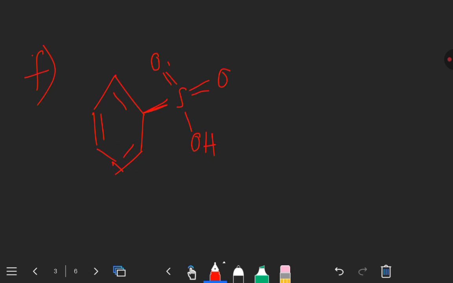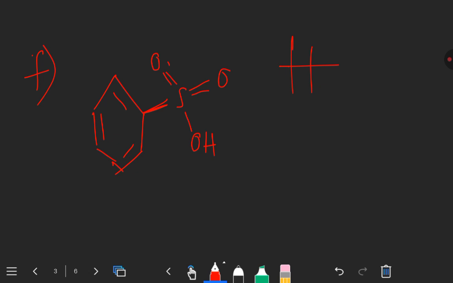So from this sulfur, if we count the valence, sulfur is found in a group where there is oxygen. It is also found just below oxygen. That should be in group 6 if we check on the periodic table.